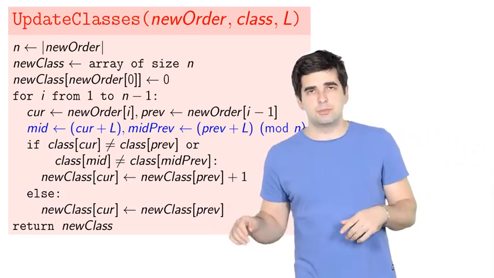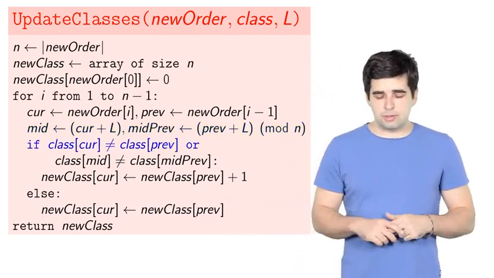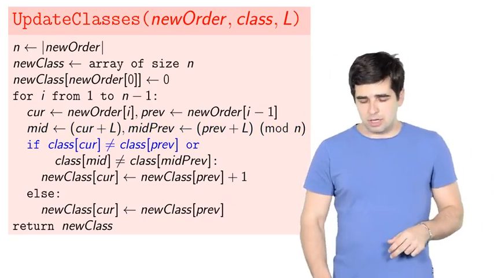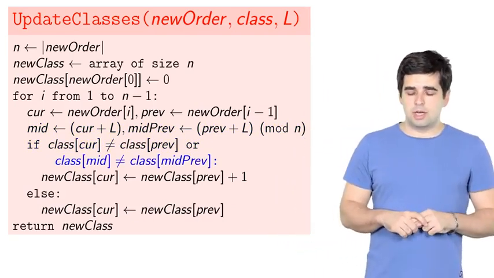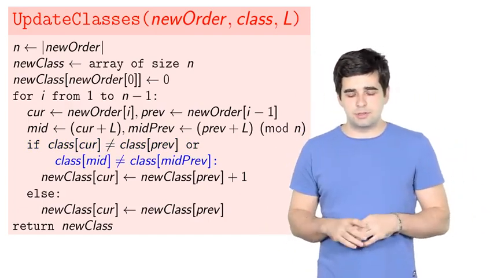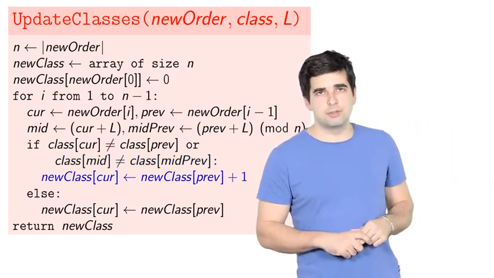So this is what this last for loop does, and in the end what you have is the array new order, which contains the doubled cyclic shifts which were initially sorted by their second half, and then we sorted them by counting sort by their first half.